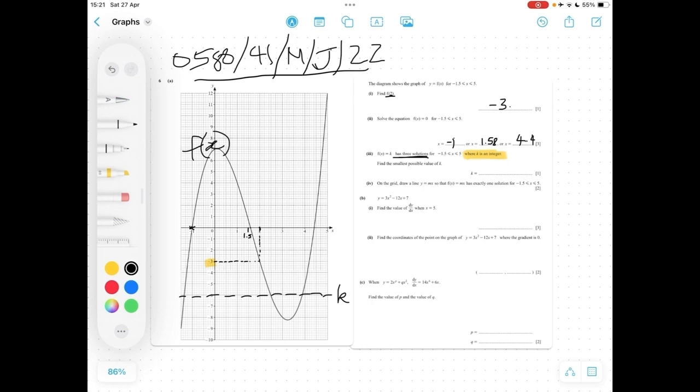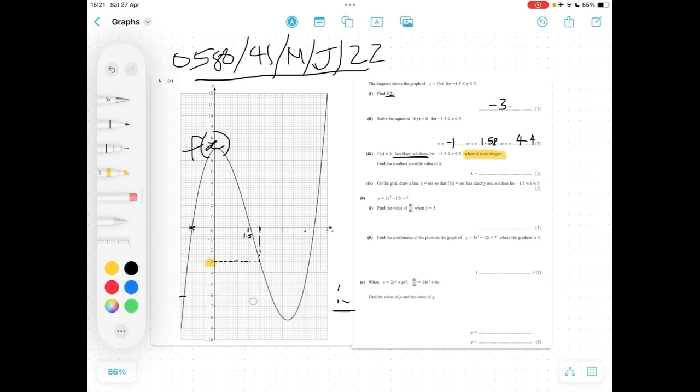So when f of x is equal to k, it's saying that there are 3 intersections. 3 solutions means that the curve f of x intersects the line k at 3 different points. And then they're asking what the minimum value for k is.